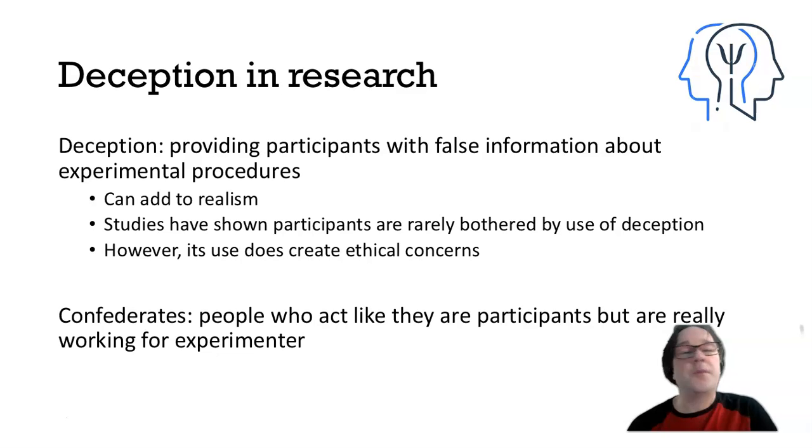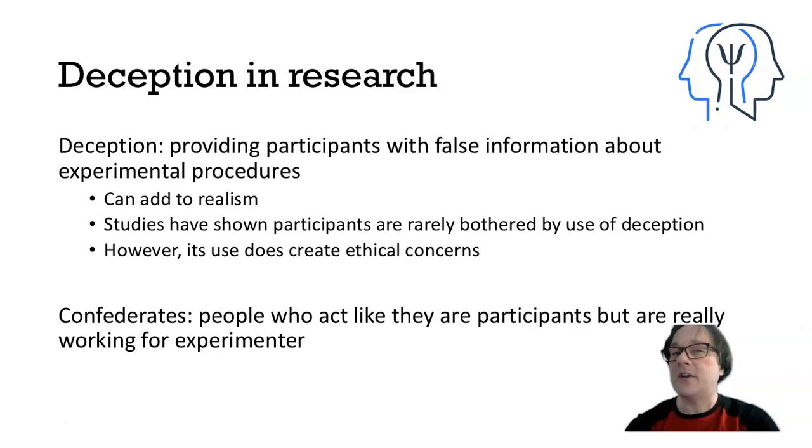And we bring this up because, of course, ethics is very important, but also some of the major big, historical types of studies that we read about, particularly in this class, social psychology, use deception in them. And they made use of what are known as confederates.